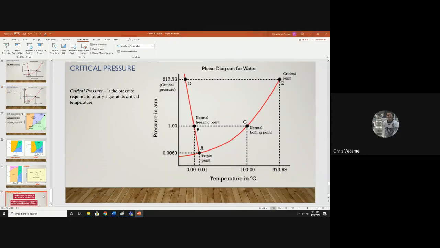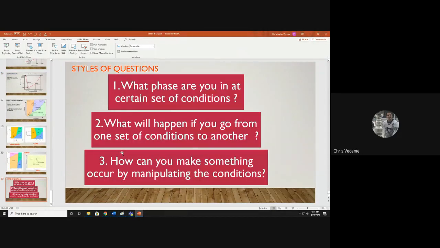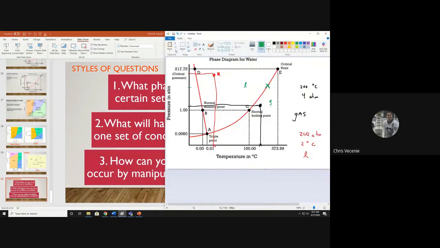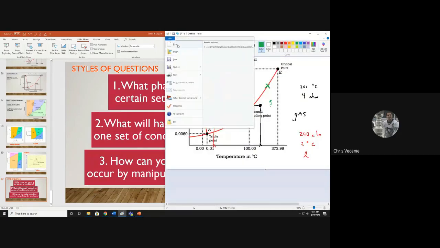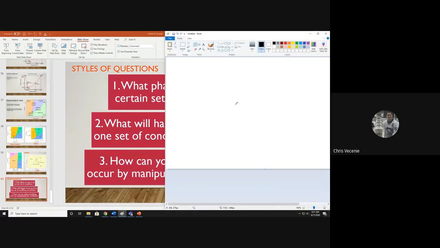Question style number two. What happens if I go from one set of conditions to another? All right, so this is all about tracing where you are on the phase diagram.